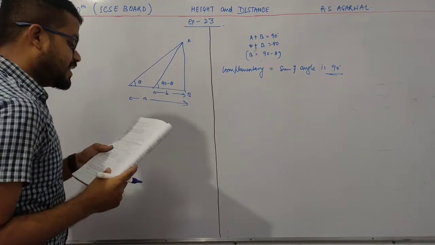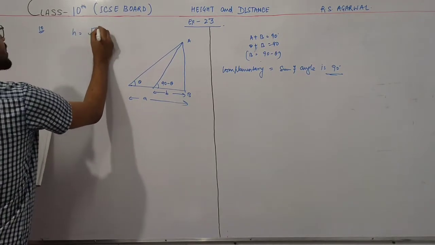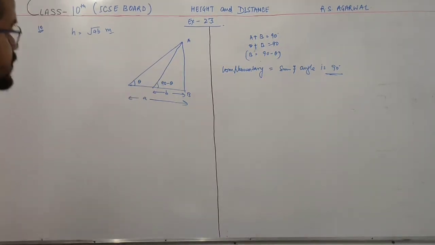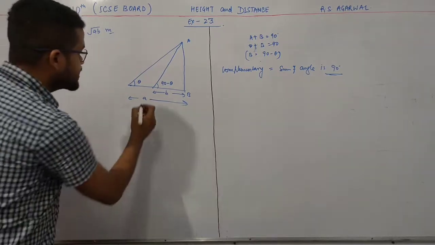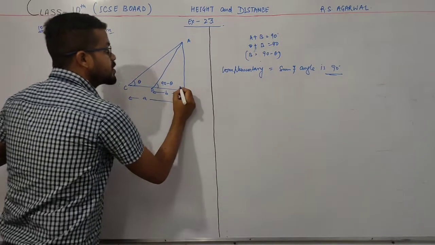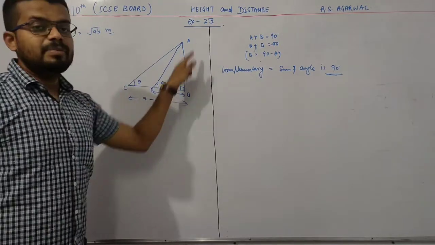Prove that the height of the tower is root AB meter. We have to prove this. So again, how do I solve this? This is D and this is C. Again here I will take two right angle triangles, one is ABD and the other is ABC.